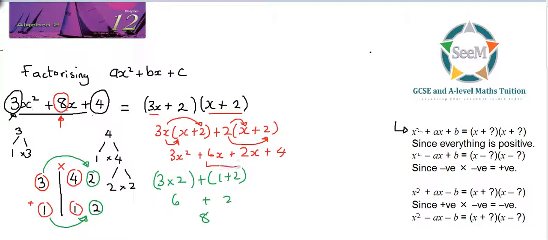If we simplify those together, it gives us 3x squared plus 8x plus 4, which is exactly the same as the left hand side over here. So it equals the LHS. Therefore, our factorization is correct.